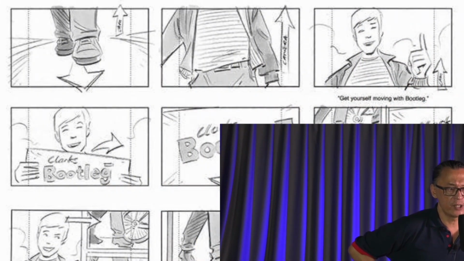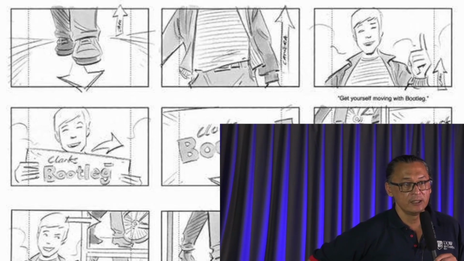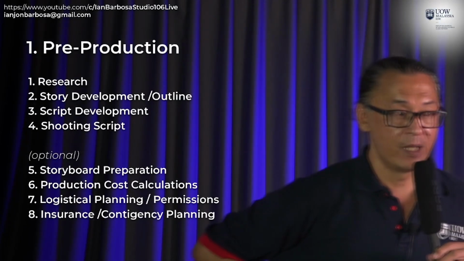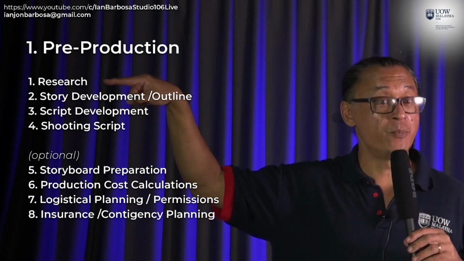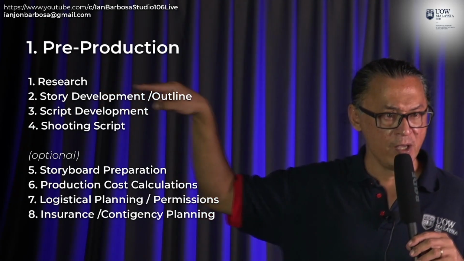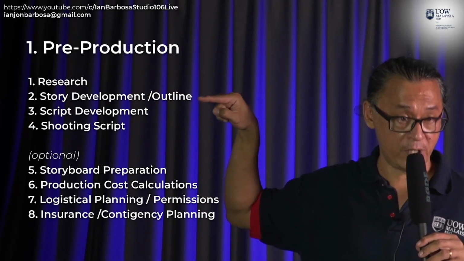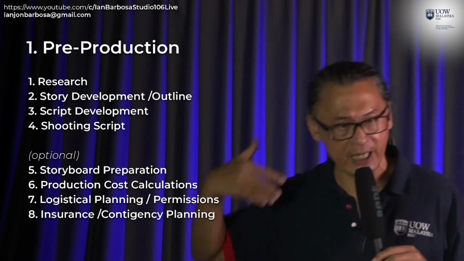Let's go back to the previous slide, the first one, topic number 1. We have covered research, the importance of research and what you need to do. We have covered the story outline. You need to develop an idea. What is the starting point? What is the ending point?